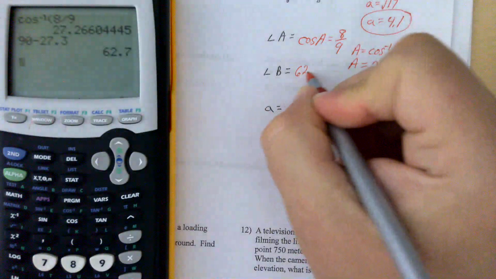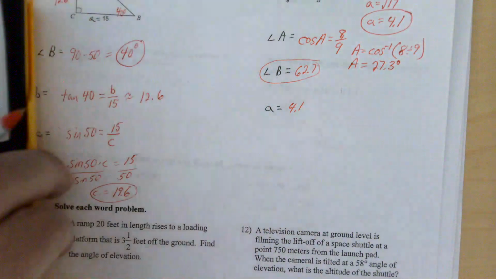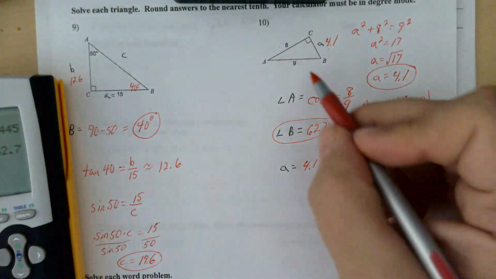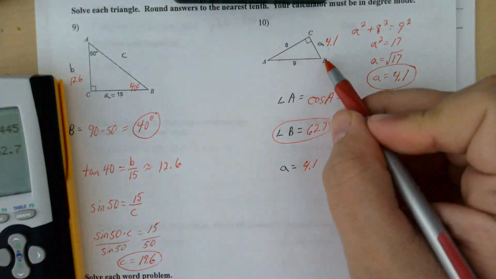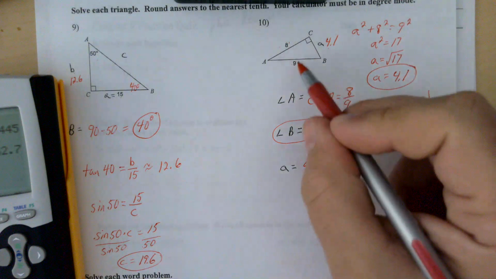Okay, so now B. Hopefully you realize B can just be 90 minus the 27.3, but I am going to show you trig in case someone set up a trig ratio to find B, so at least you know where it's coming from. So if you did B, in this case I would use the opposite and the hypotenuse.